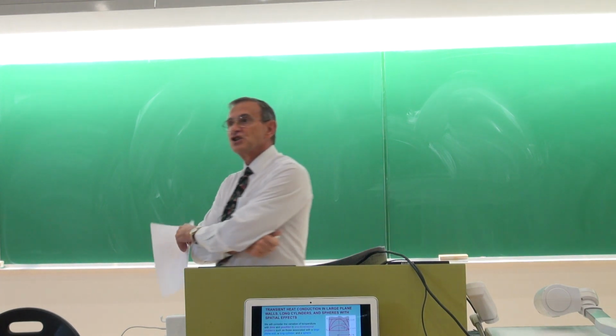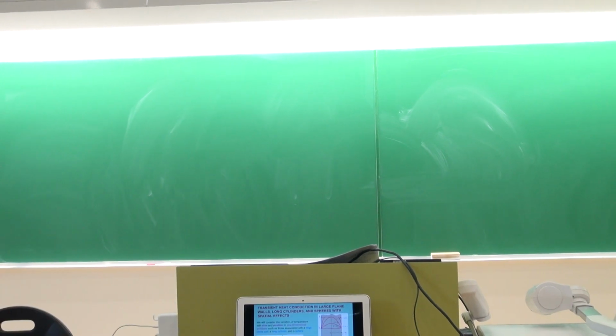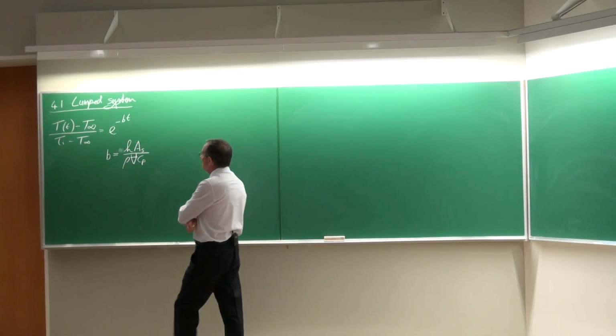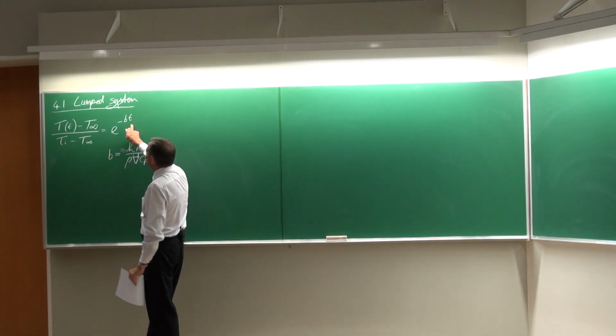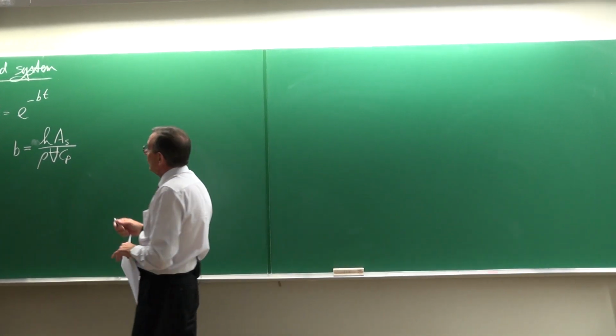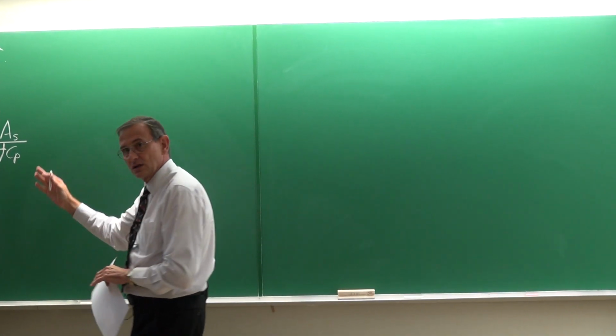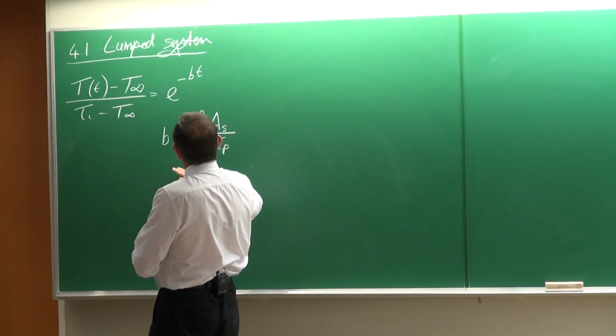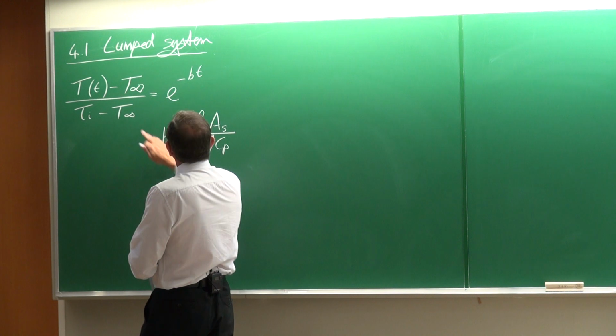In the previous lecture, we showed the derivation of the temperature distribution as a function of time for a lumped system approach. Now, what a lumped system approach is is going to become more clear to you. That is the equation where B is equal to that.